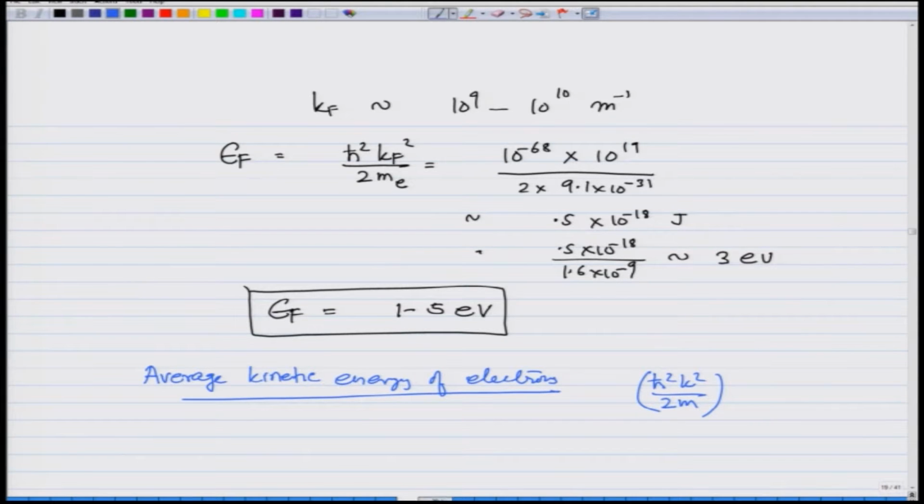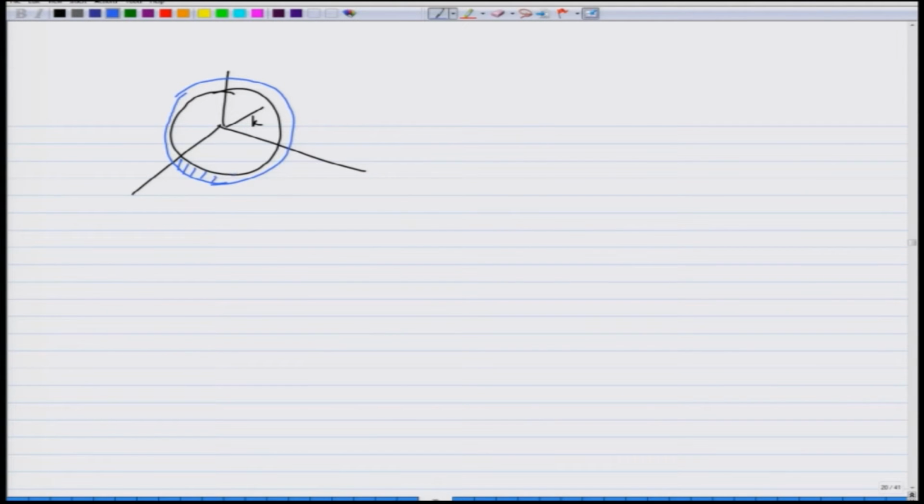And the way you calculate the average energy is, if I again look at that sphere, in a sphere of radius k, if I take a small shell of thickness delta k, the number of electrons in these states that are going to be occupied is going to be 4 pi k square delta k times 2 for the spin times V over 8 pi cubed, and energy of each electron is h cross square k square over 2m.